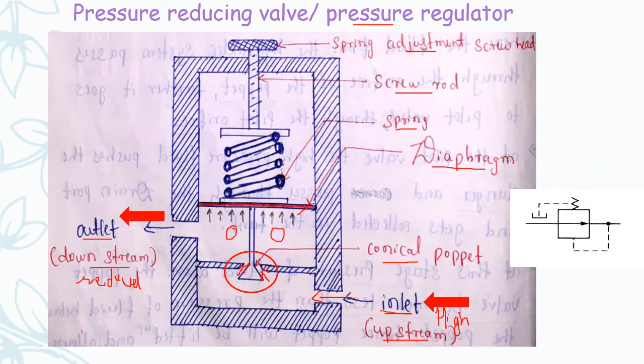As the pressure at the inlet is more than the set pressure of the spring, the diaphragm will move upwards and hence the conical poppet will close the fluid flow. On the right hand side you can see the symbol used for a pressure reducing valve. We will study the pressure reducing valve by taking an example in the next slide.